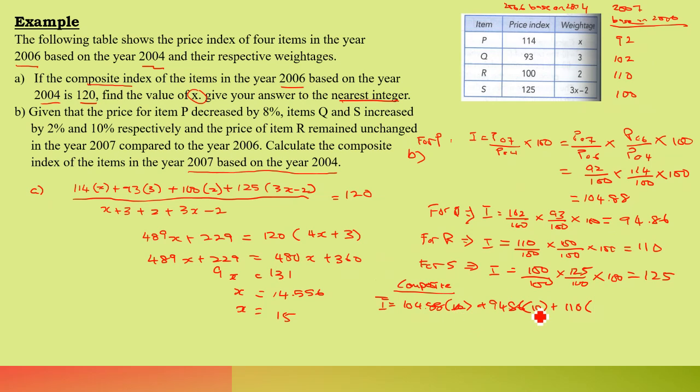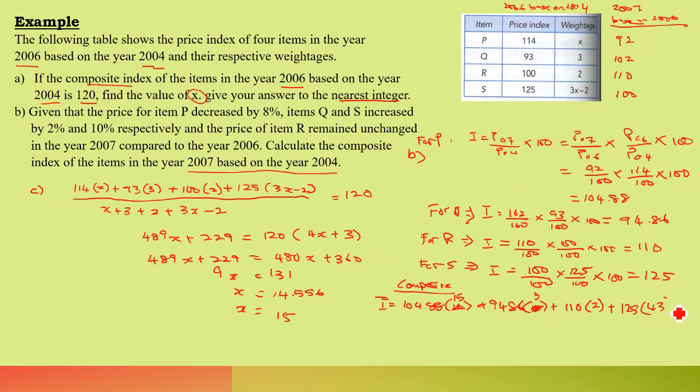This X is, okay, we have rounded up to 15. We are using this integer and this is 3 times 3. Sorry, I made an error here. I'm recalling the earlier question. 110 times 2 plus the next one is 125 times 3x minus 2. 3 times 15 is 45 minus 2 is 43.